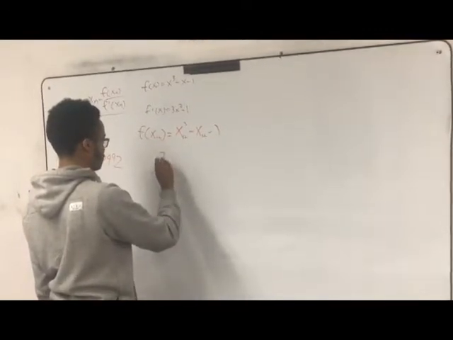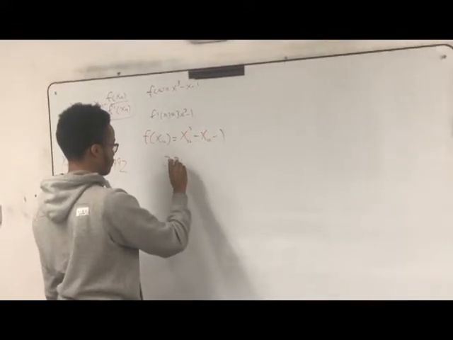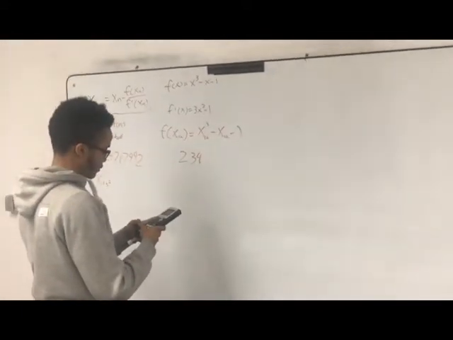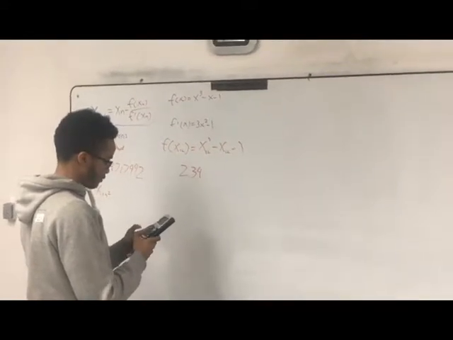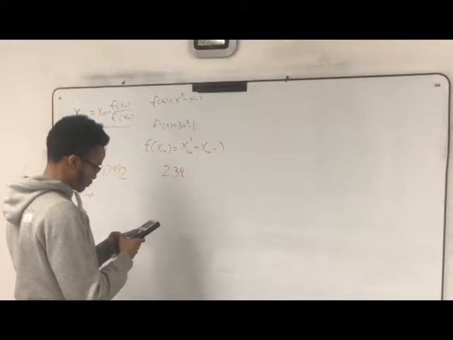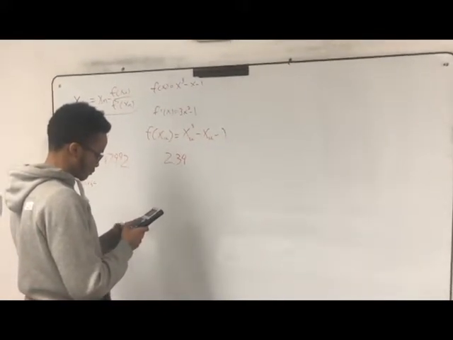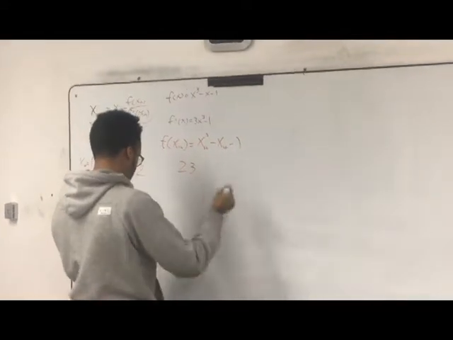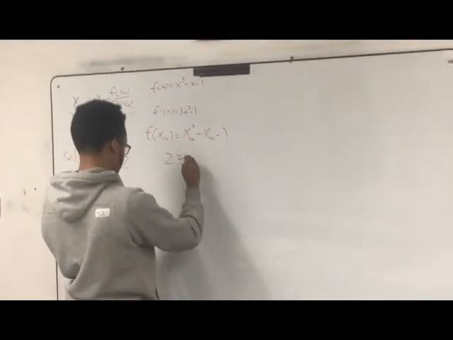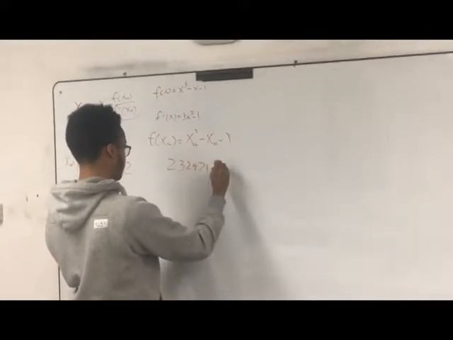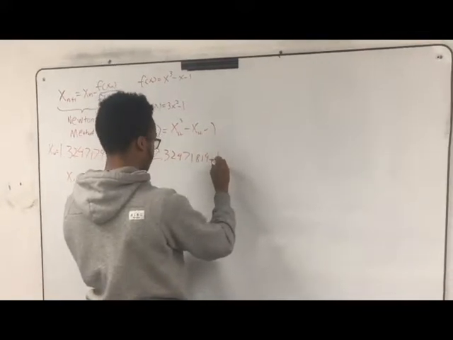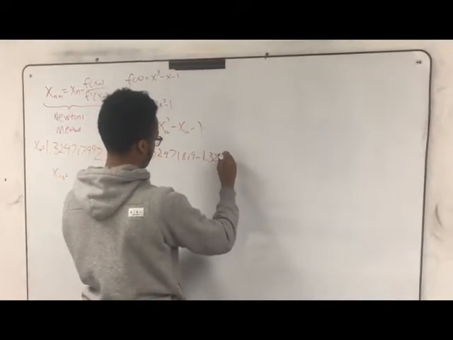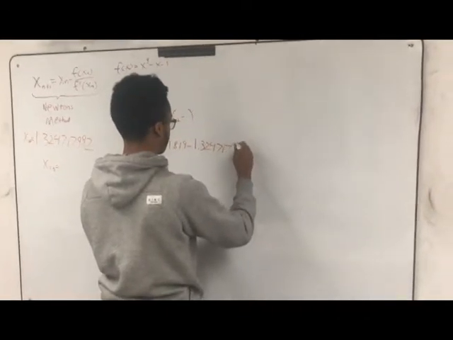We have 2.32471814 minus our x12, which is 1.3247179992 minus 1.